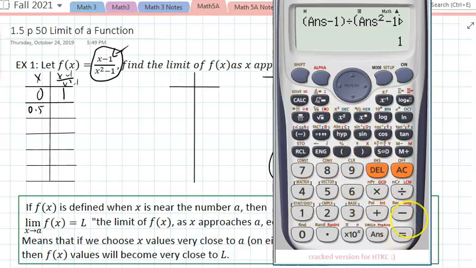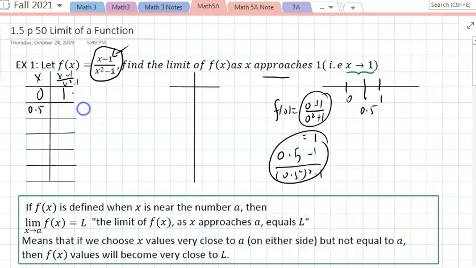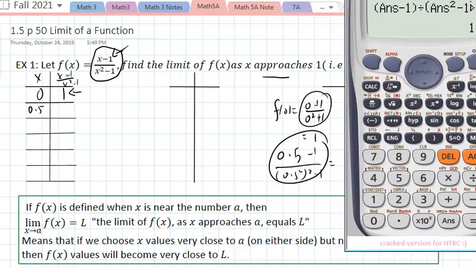If you plug it in, you'll get a 1, as you see. If you plug in 0.5, 0.5 minus 1 is negative 0.5 over negative 0.75, so that's 0.67.